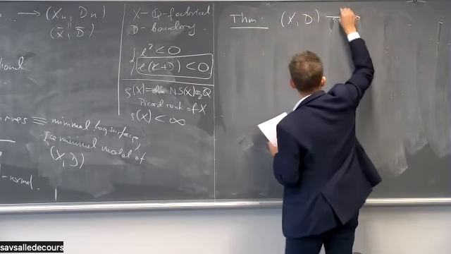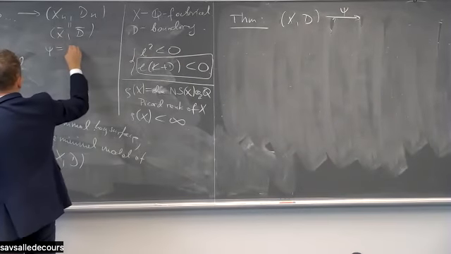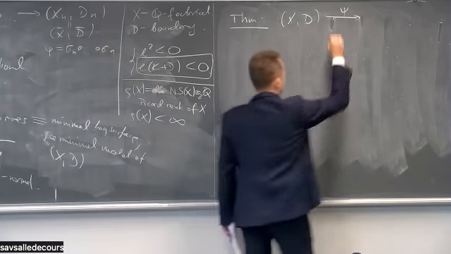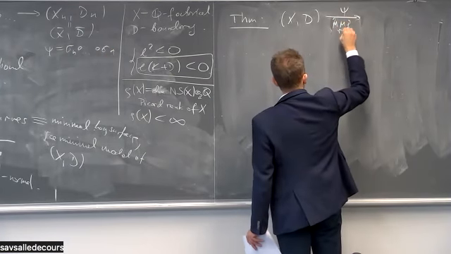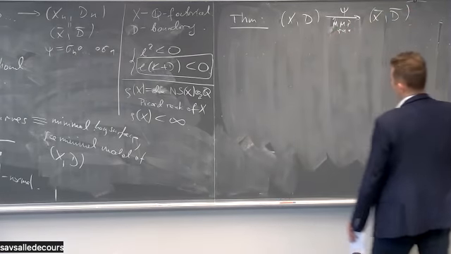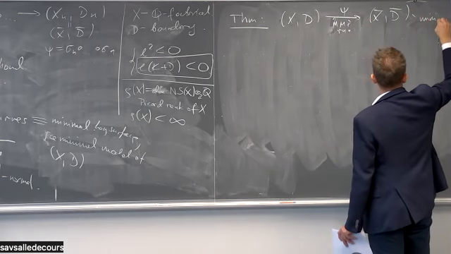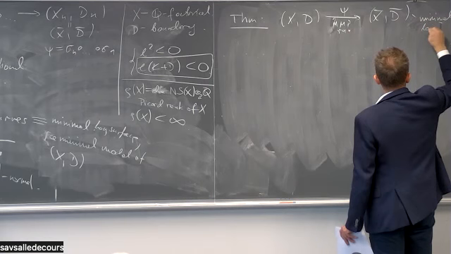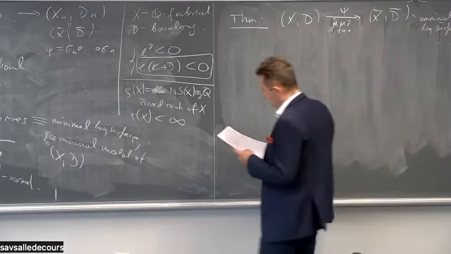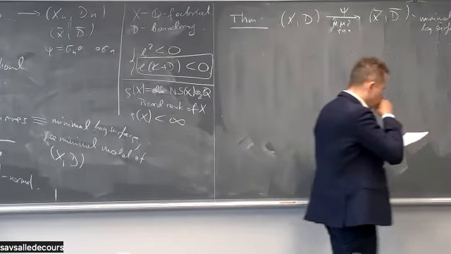If psi is a composition of these morphisms, if psi is an MMP run, and it maps XD onto a minimal log surface, then what should you know?